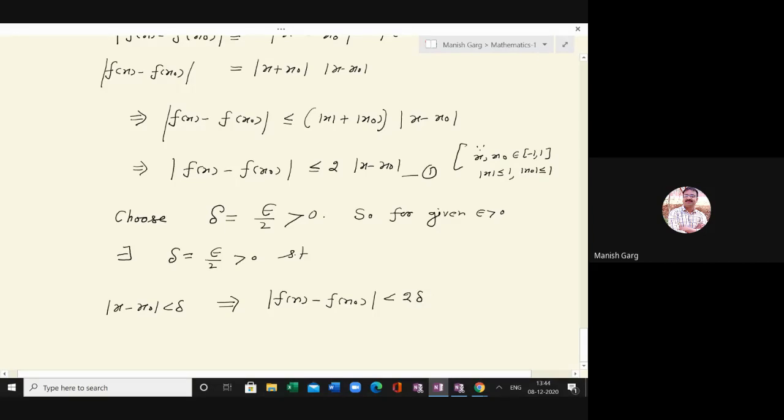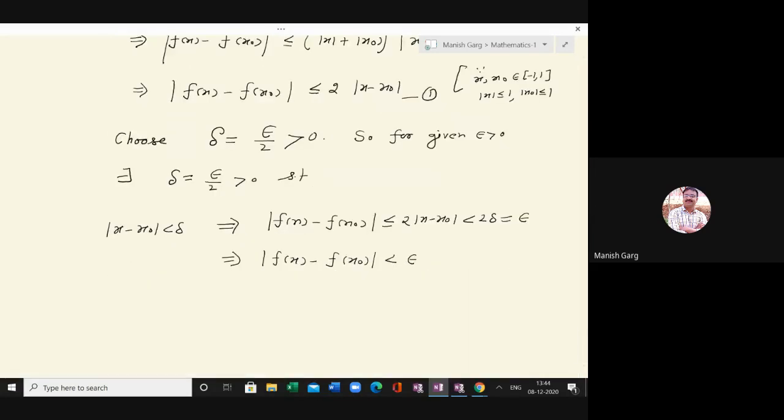You can write more precisely: this is 2 times mod x minus x naught, which is less than 2 delta, which is equal to epsilon. In this way, you can understand in a better way. Now it is clear. So whenever mod x minus x naught is less than delta, f is continuous.